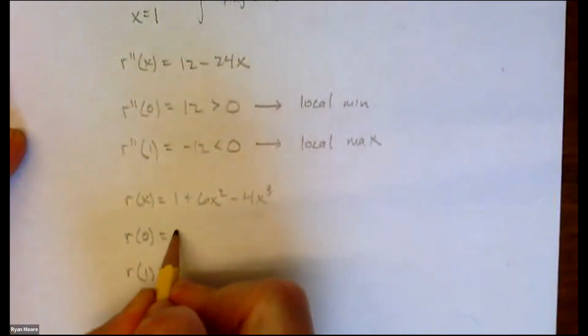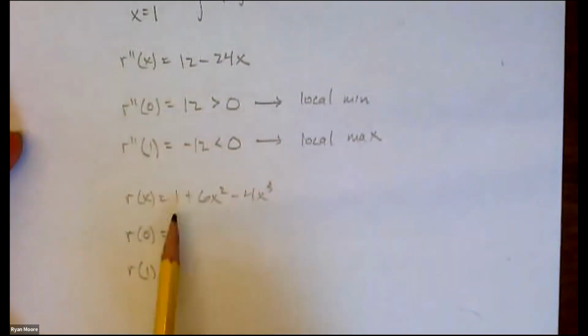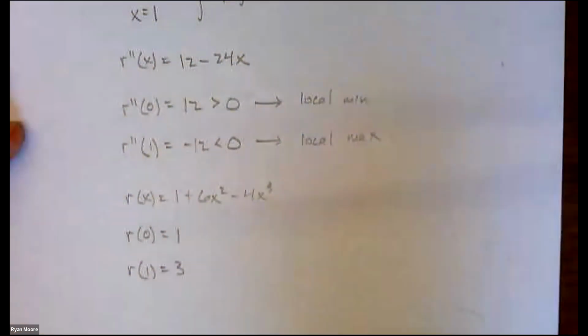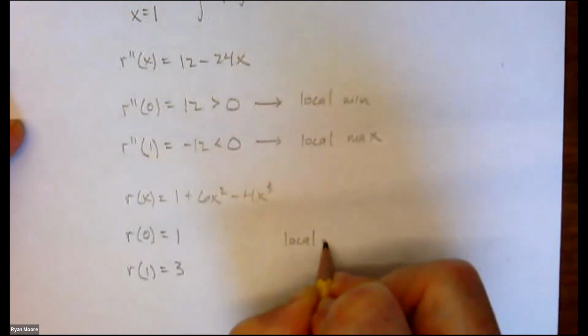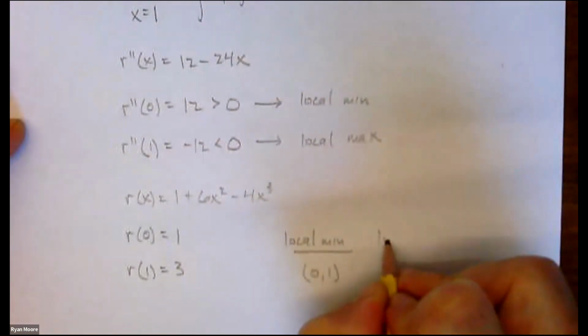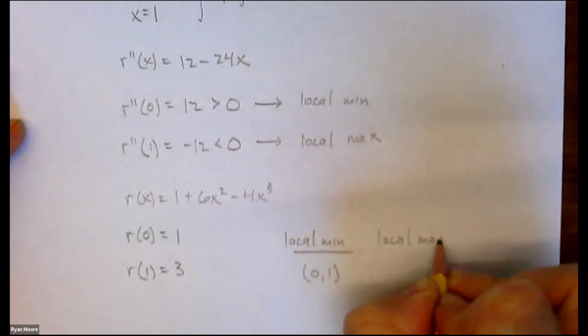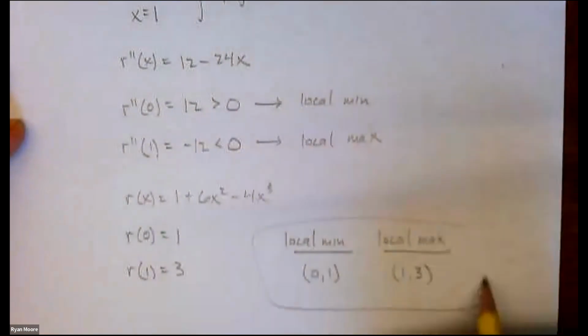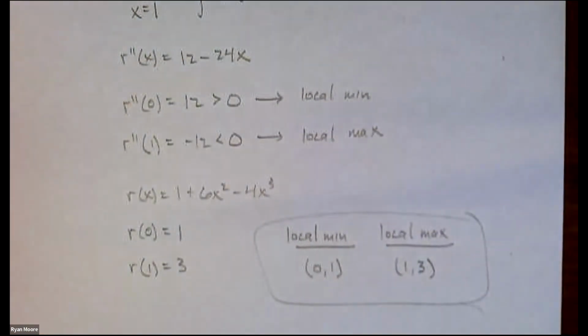Well, the 0 is easy, that's 1. The 1 isn't so bad: 7 minus 4 is 3. So we have a local min at (0, 1) and a local max at (1, 3). And there we go.